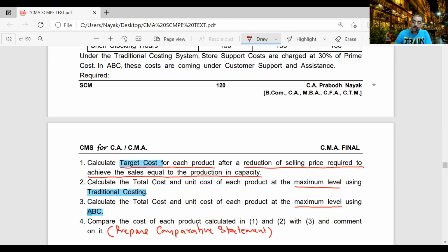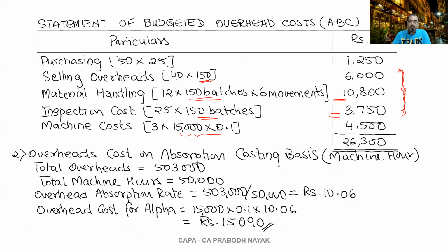This is the implied question. And then we have to comment and see what we have observed in that comparative statement. So maybe a particular method of costing is favorable only for a particular type of product and so on and so forth. So let us start with the first part, that is calculation of target cost.